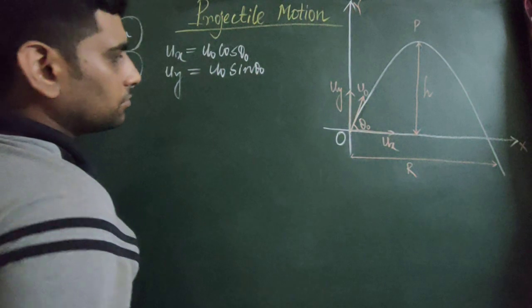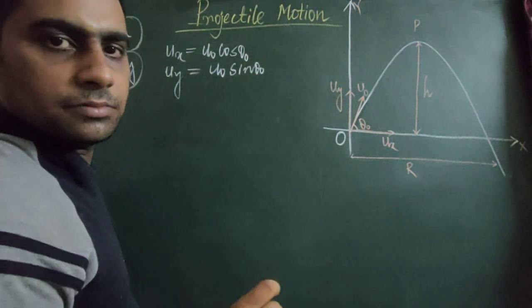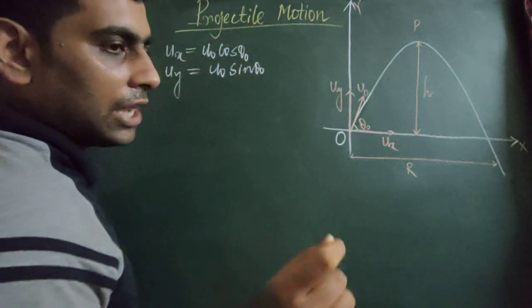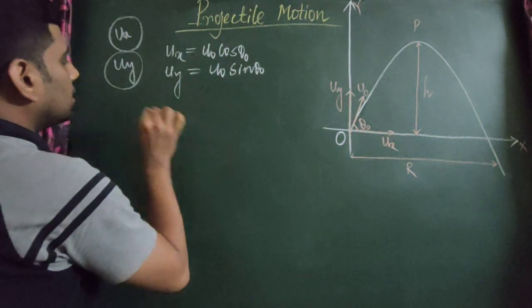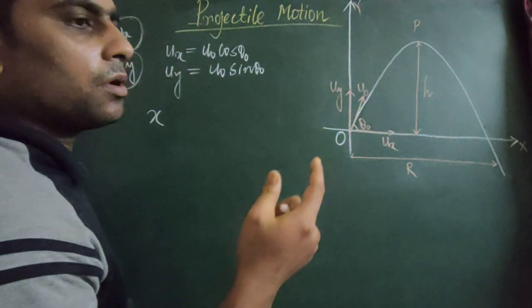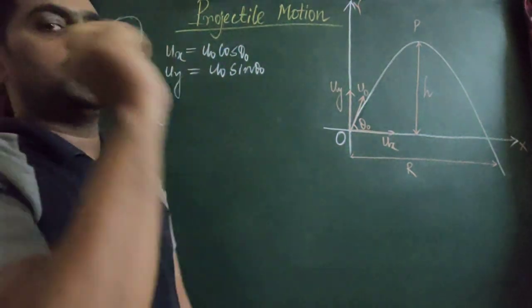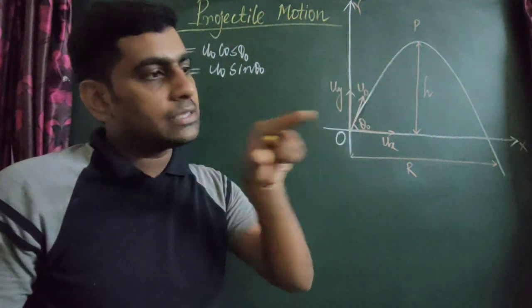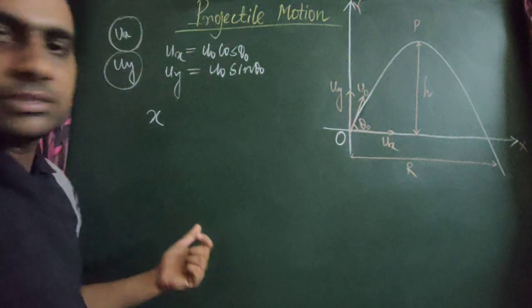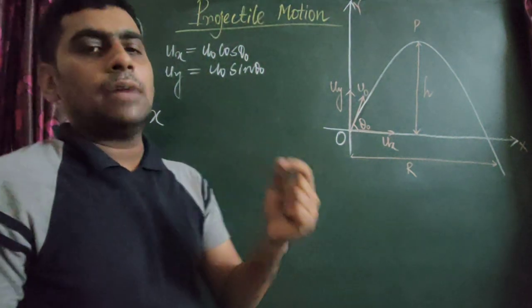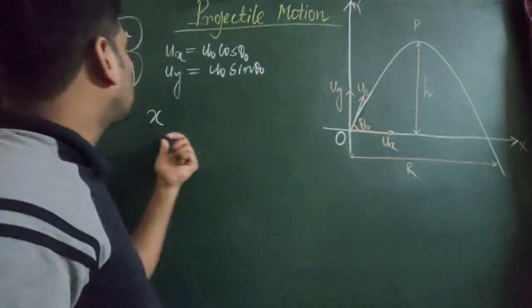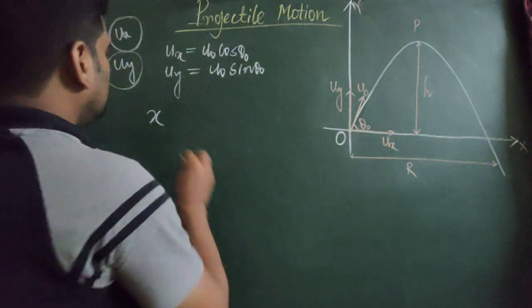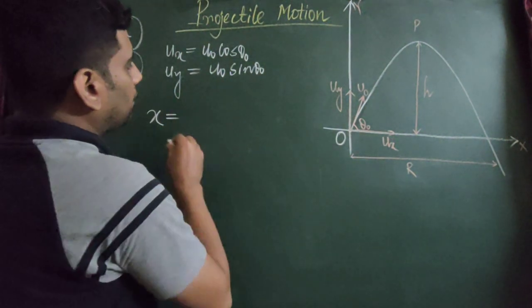Now suppose at a small time t, x is the horizontal distance covered by the object. The object which you have thrown will cover some vertical distance as well as some horizontal distance. I am considering that at time t, it has covered a horizontal distance x. So how to get the value of x?